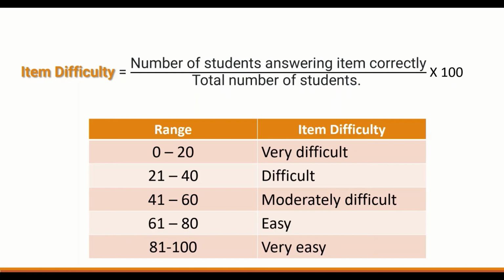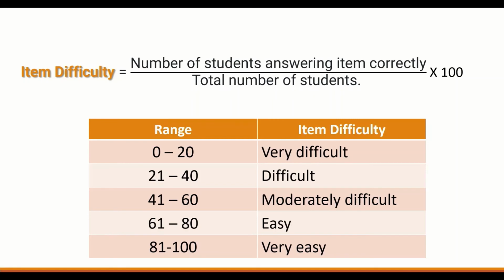An item difficulty with a value range between 0 and 20% is considered a very difficult question. A question in the 21 to 40% range is a difficult question. An item that has a 41 to 60% value is considered a moderately difficult question.